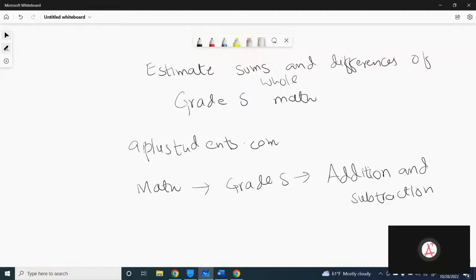Please make sure you have your notebook and pencil so that you can note down the important points. Got it? So let's start with the examples.